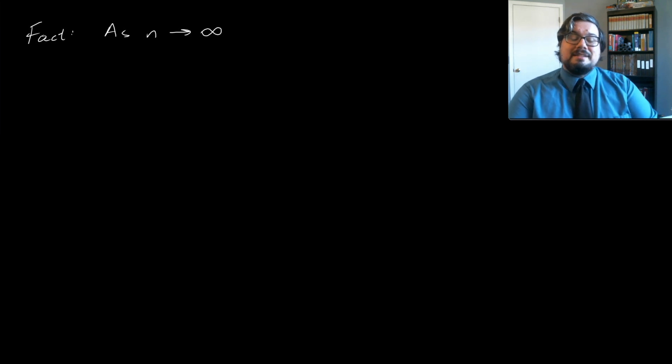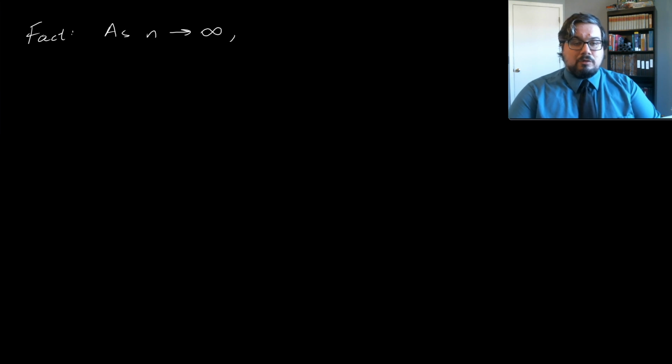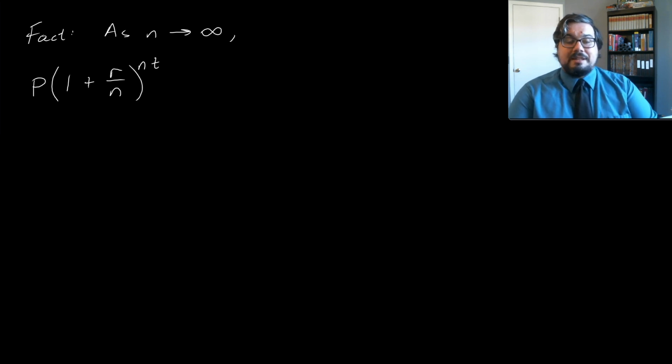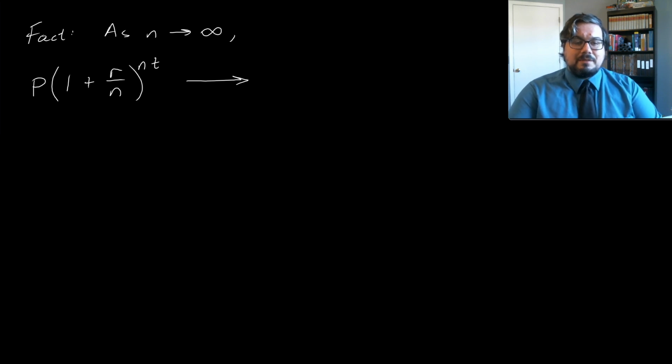As n goes to infinity, as the number of compoundings per year grows and grows, the expression P(1 + r/n)^(nt), which we had before as the amount in the account with the various compoundings, goes to Pe^(rt).